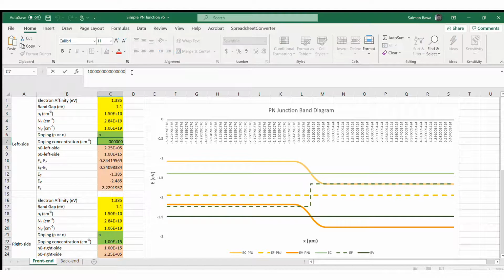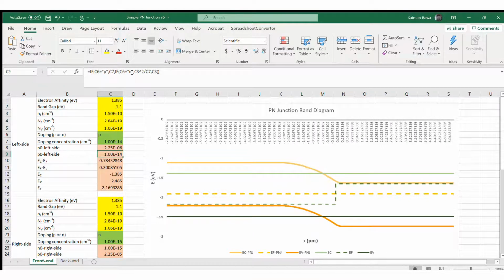Now, let us say we reduce the doping concentration on the left-hand side by an order of magnitude, you would see the graphs change, and you would see that the width of the depletion region on the left side would now be more than the width of the depletion region on the right-hand side.